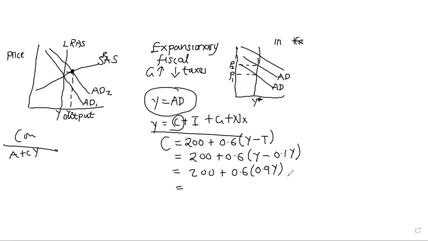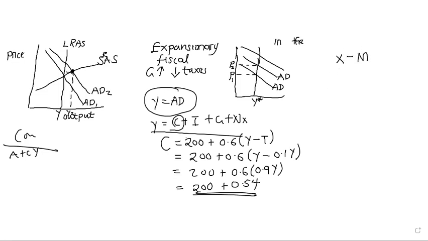Then from there, you just calculate and find this will be 200 plus, what's 0.6 times 0.9? From the calculator here, you get 0.54. So this is going to be your C. Then you also do the same thing for the NX, net exports, which is exports minus imports.